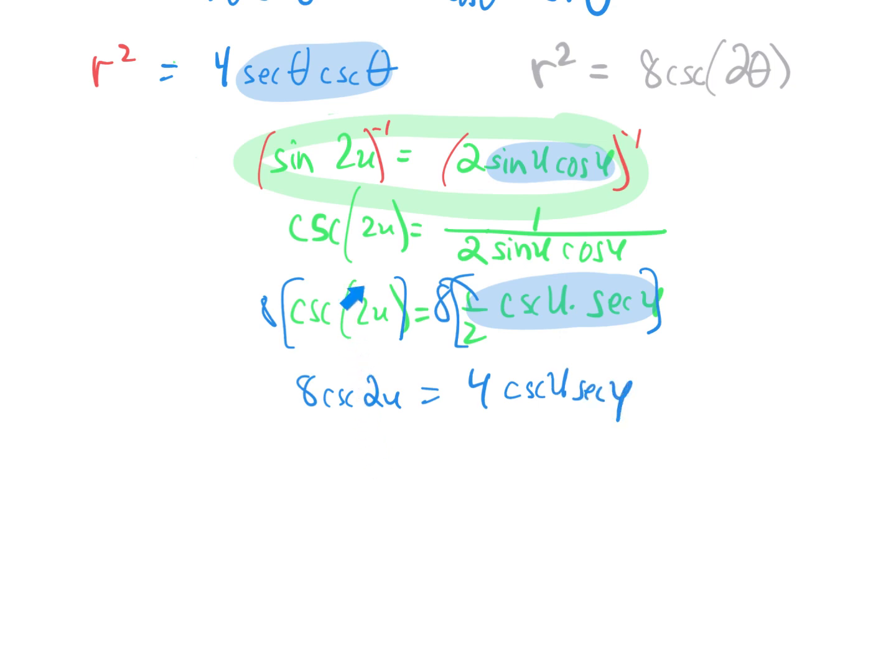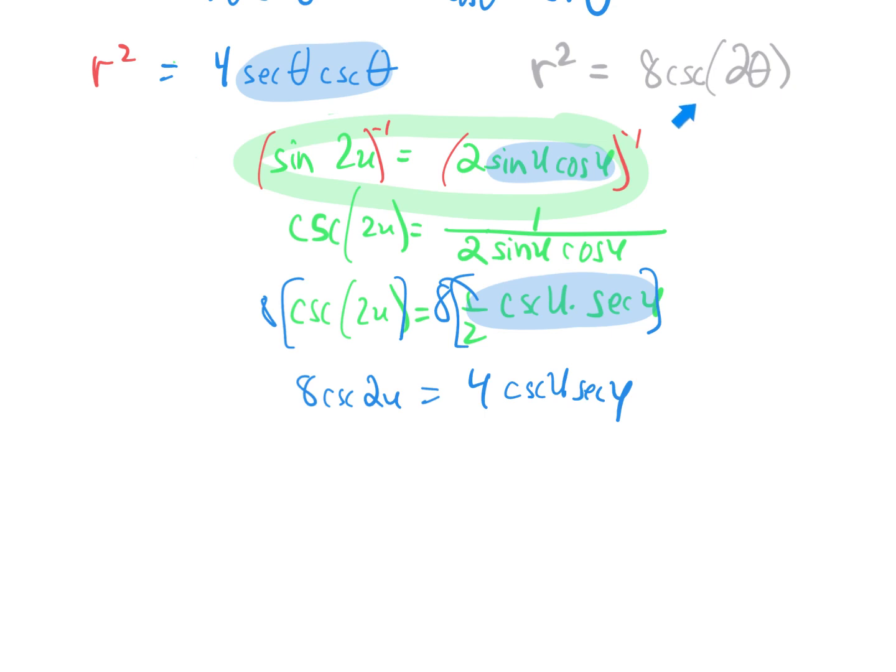Therefore, 4 cosecant of theta secant of theta is equal to 8 cosecant of 2 theta. There's our r squared. So I'm fine if you had stopped with r equaling the positive or negative square root of the right side. The textbook author wanted you to practice your identities, I guess.